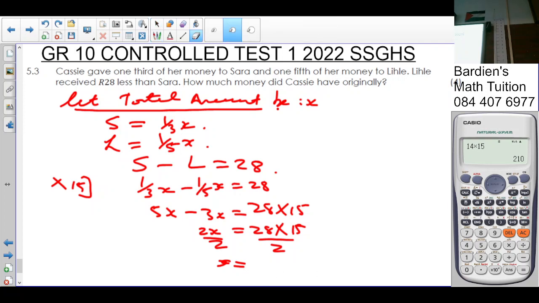So there was 210 rand to start off with. That was the original amount of 210 rand. Let's check here, 28 times 15 is 420, divided by 2 is 210 rand.